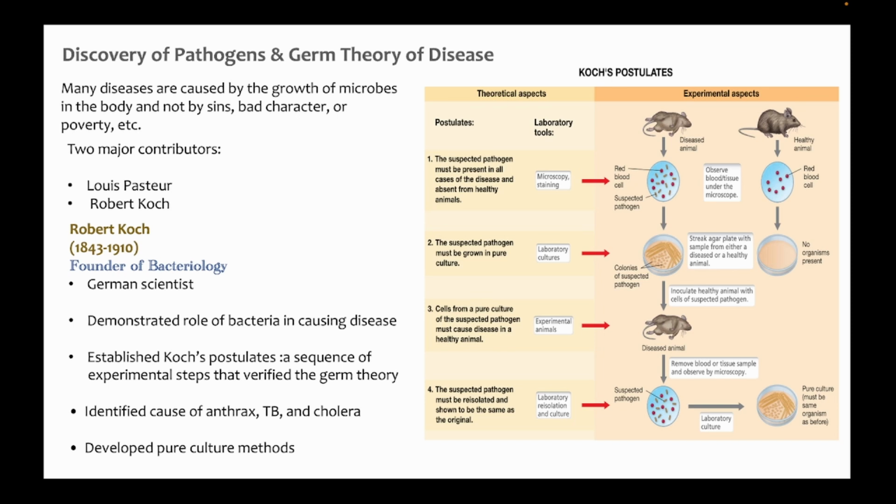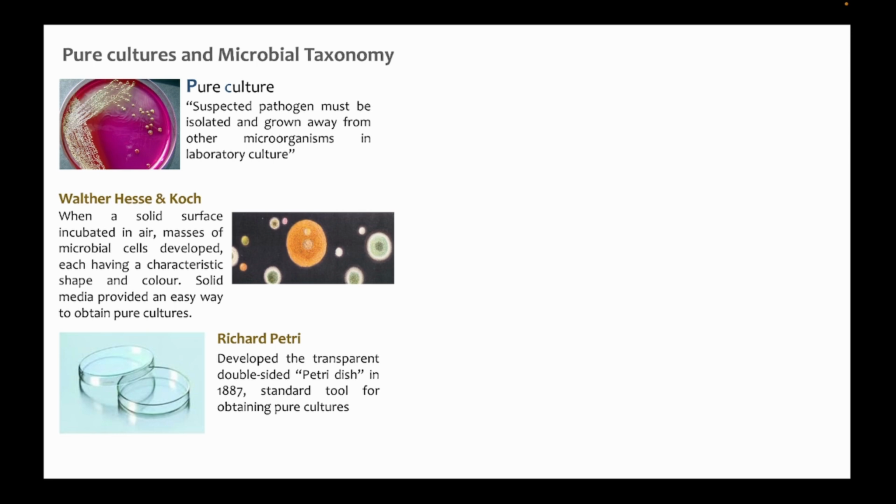Now the concept of pure culture, the concept of media, and the concept of the Petri dish are all from Richard Petri, Walter Hesse, and Koch. They are all from Robert Koch's lab. They worked in his lab.